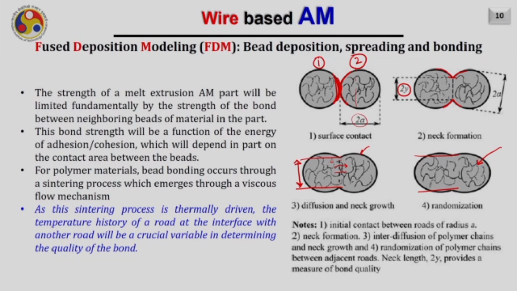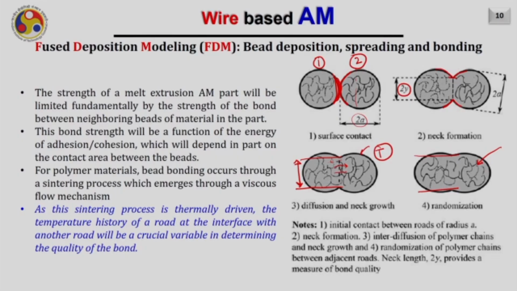This process of sintering is highly driven by the temperature of the bead. The temperature history of the rod at the interface with another rod will be a very crucial variable in determining the quality of the bond. Hence, at this point, it is very essential to understand what the temperature of the bead will be after, for example, time t when I deposit the material on a substrate.